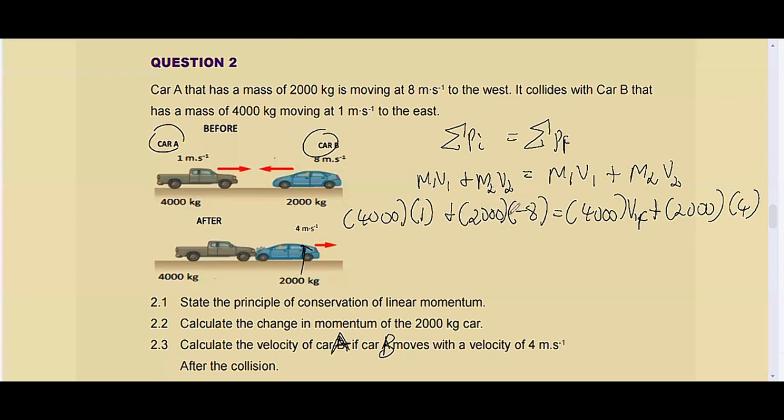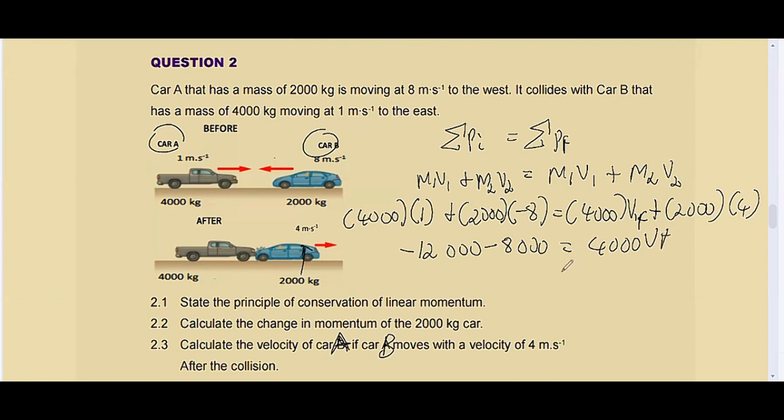When we punch all this in our calculator, this gives us -12,000. And when we multiply this, it should give us 8,000, so we can just transpose it right away. That's minus 8,000 is equal to 4,000 vf, right?